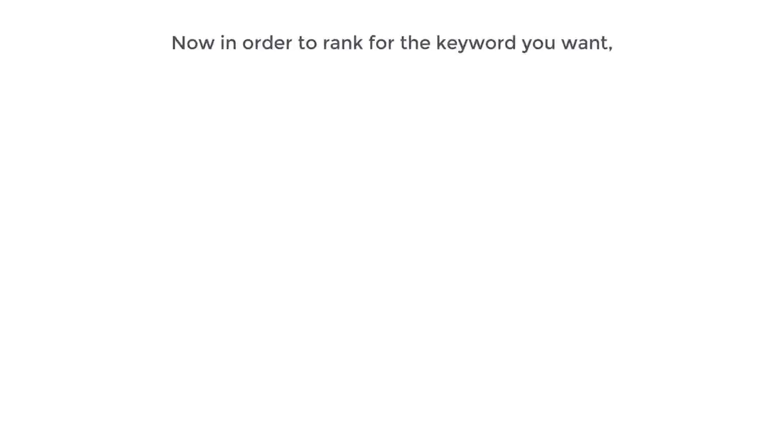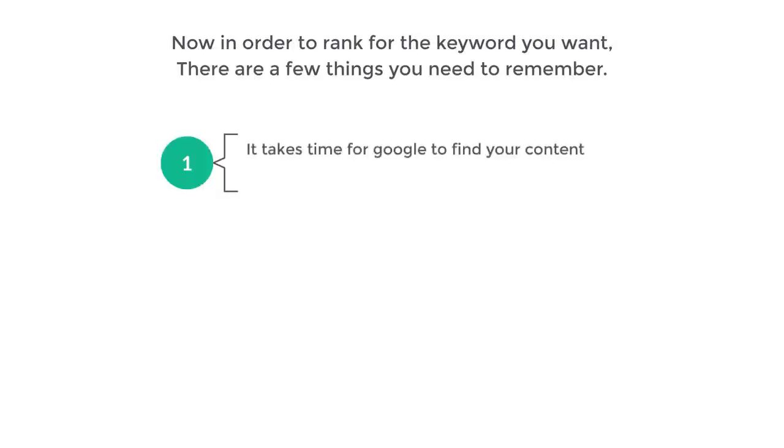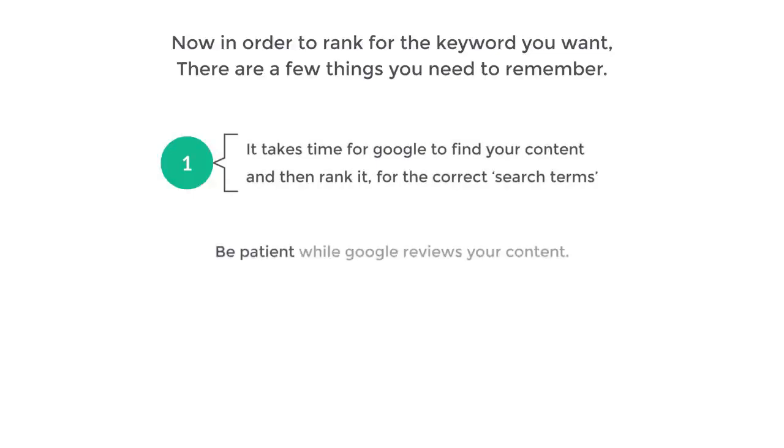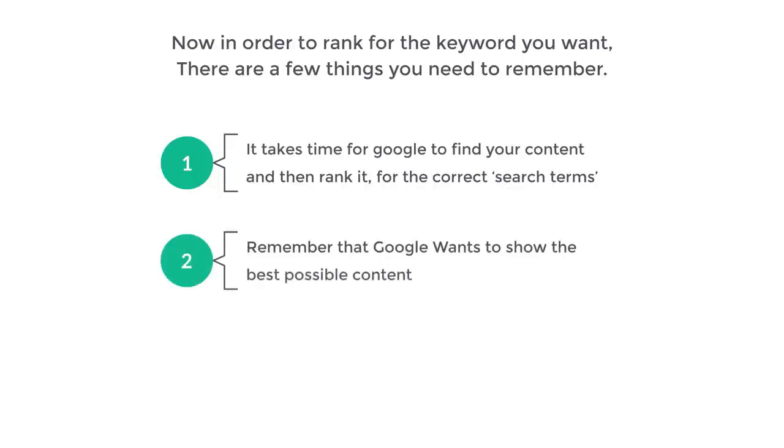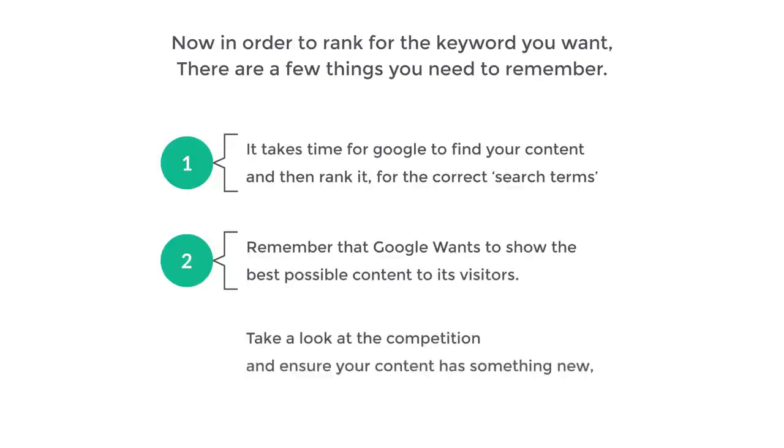It is for improving your knowledge, and it is another video, but it's very important for you. How? In order to rank for the keyword you want, there are a few things you need to remember. Number one, it takes time for Google to find your content and then rank it for the correct SEO terms.